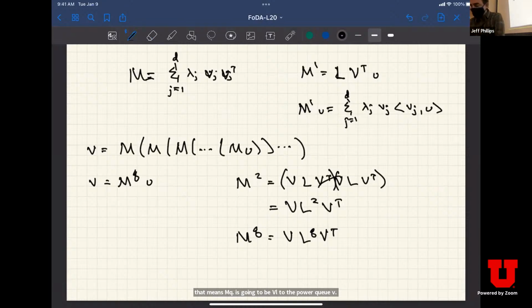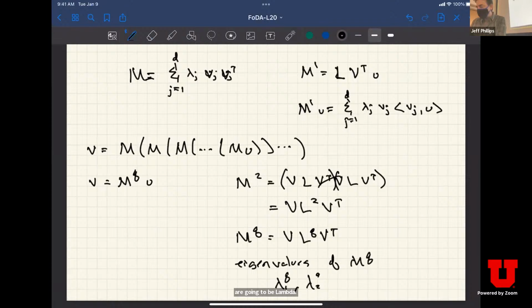And so the eigenvalues of M to the q are going to be lambda 1 to the power q, lambda 2 to the power q, and so on up to lambda d to the power q. So I could think of multiplying u by this matrix as stretching things out according to the eigenvalues. The larger the eigenvalue, the more it gets stretched.